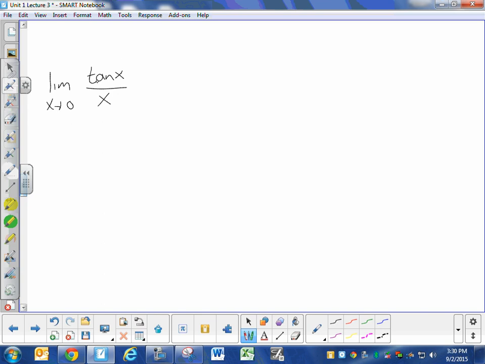Well, I'd probably rewrite tangent to start with like that. And maybe that x I'd write as times 1 over x, just to get everything on the same level. That way I don't have fractions over fractions. I don't like fractions over fractions. They're confusing.